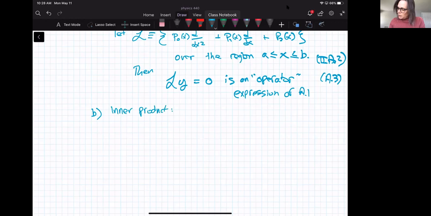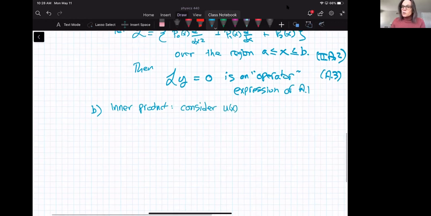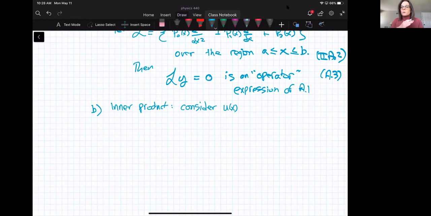And here we'll switch formalism a little bit, and we'll consider, instead of y, u of x, because we'll want to consider, say, two functions u of x and v of x to see if they're orthogonal to each other. We can define the inner product using the same kind of bra-ket notation that you used in quantum, namely u L u.